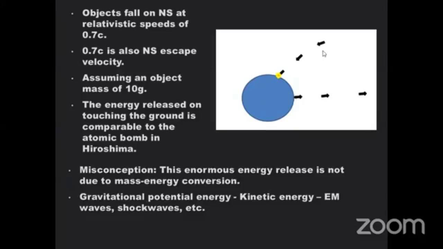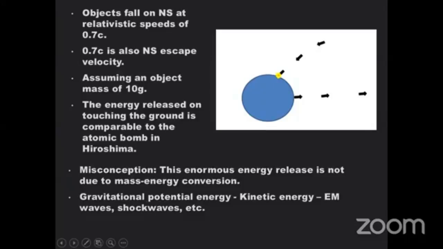Now imagine that this object is about 10 gram. Just imagine, okay? This is a calculation that has been made. Imagine that this object is 10 gram. Okay, that is the size of a marshmallow. So 10 gram.